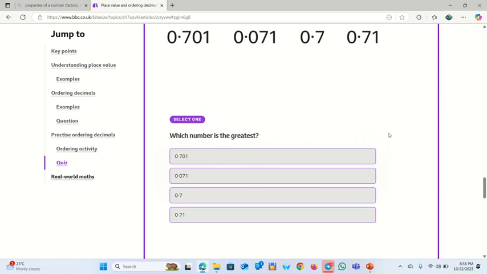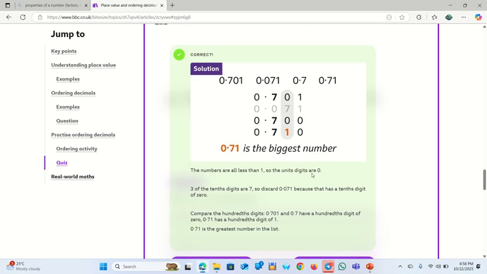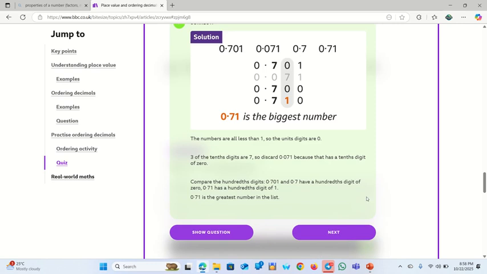Which number is the greatest? 0.71. Perfect. That's very correct because when you move from the left to the right, that's where the 5 is after the 7, the rest are 0. So let's go to the next question.